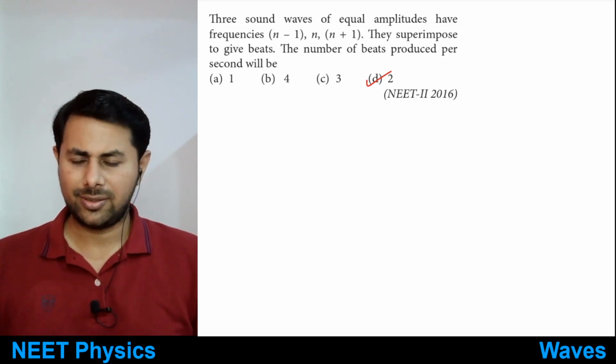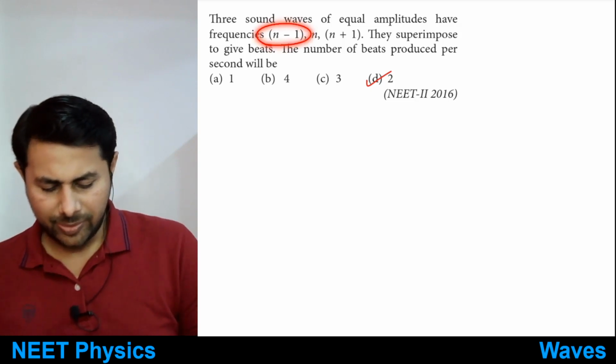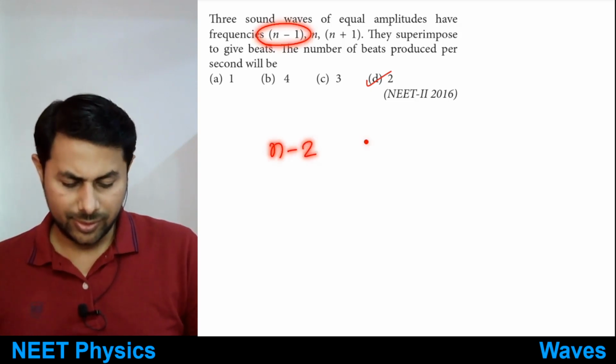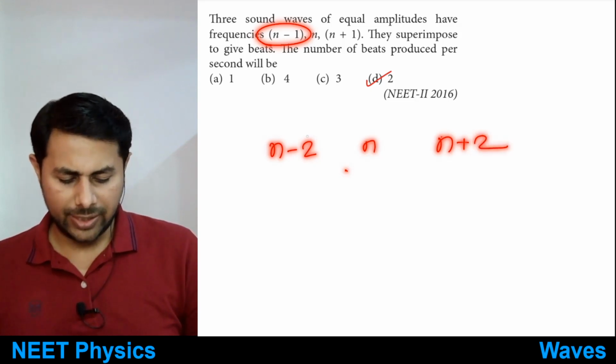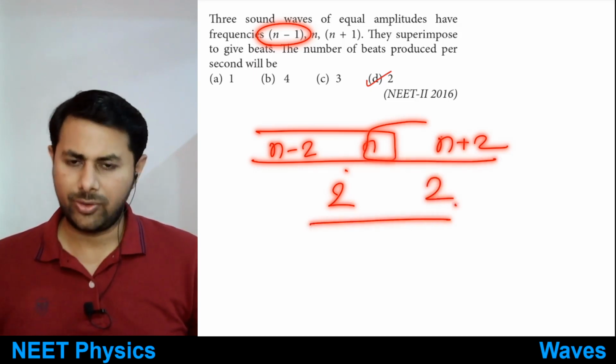Right, this is clear, Hindusha? Suppose first frequency is n minus 2, okay, next one is n, and next one is n plus 2. Then you can say beats between these two would be 2, beats between these two would be 2. Okay, so total 4 beats would be formed.